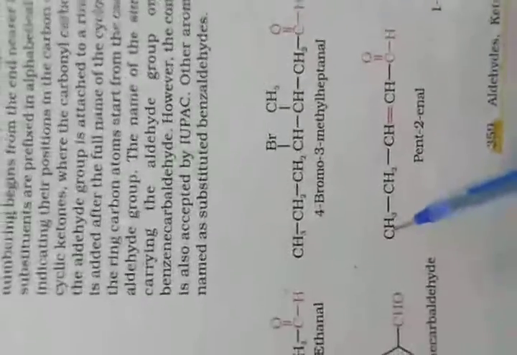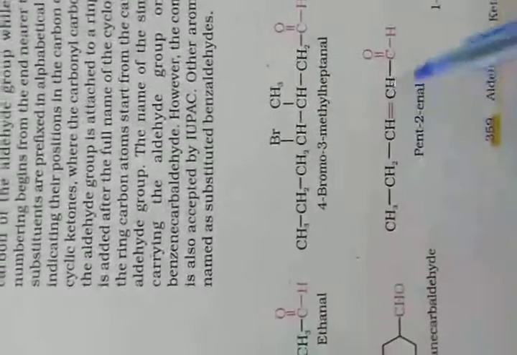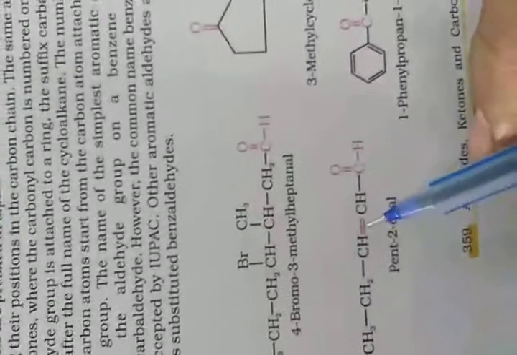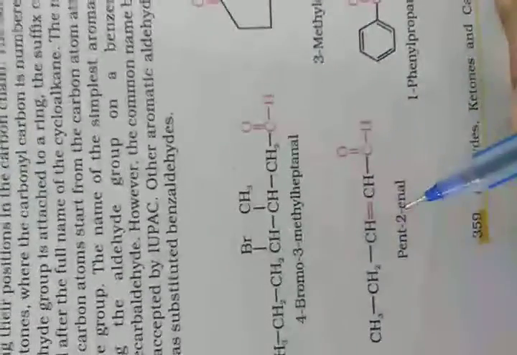This one, again you count 1, 2, 3, 4, 5. So it is pentane. E is cut, and since the aldehyde group is there, pentanal. Again, the double bond is on 1 and 2, so you can say 2-pentenal.